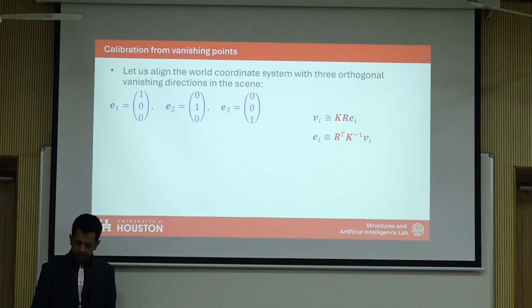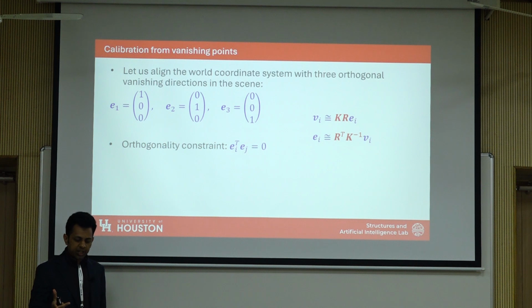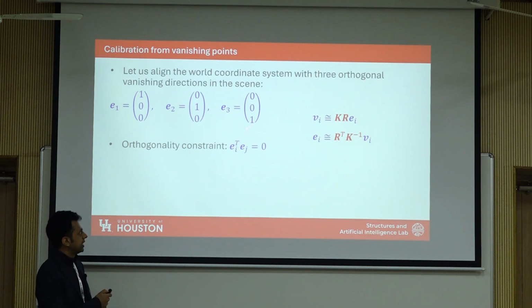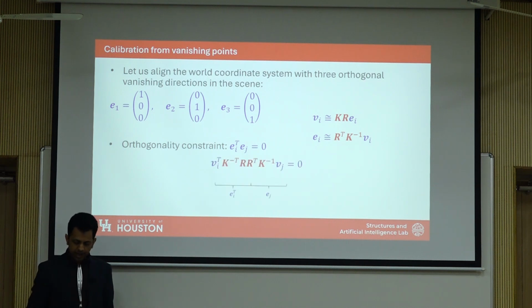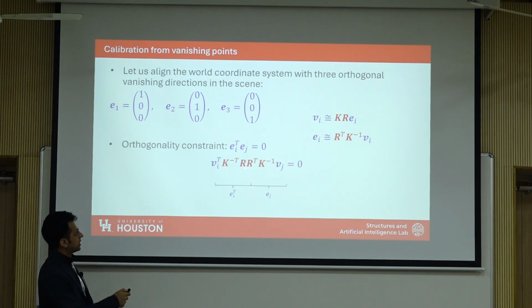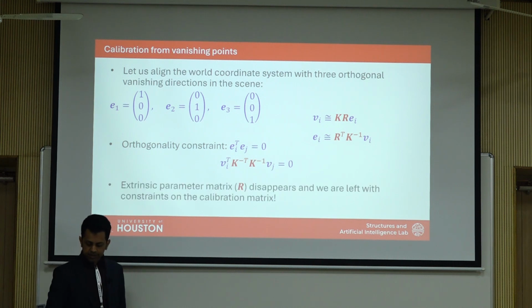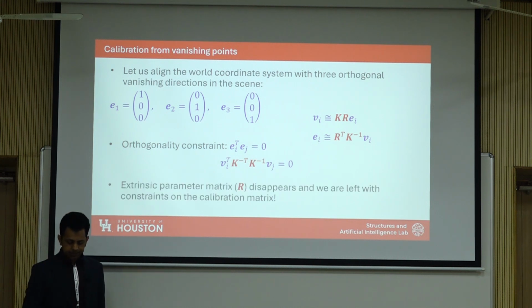So I have R transpose K inverse V sub i. And I know that my vanishing directions are going to be orthogonal. So I can impose this constraint. And when I multiply those things, I get an R times R transpose. So what is R times R transpose? Yeah, identity matrix. So that disappears. And we're left with constraints on the calibration matrix.